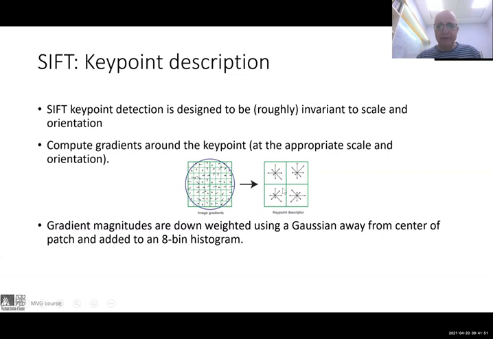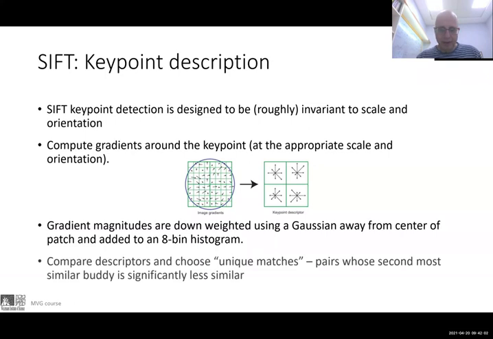Okay, but this gives you some kind of a descriptor of the texture around a point that was detected before. Overall, this produces a vector of 128 numbers.